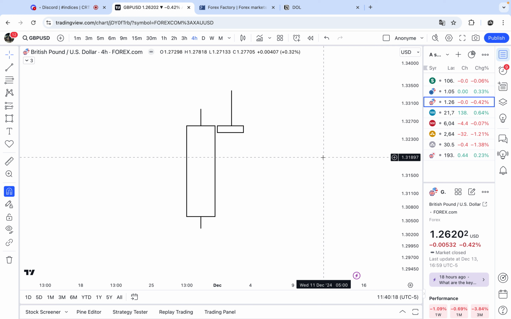I'm not trailing my stop loss. Set and forget, bro. Stop loss, take profit. That's it. That's all. I'm not trailing my stop loss and stuff. It's too emotional, man.